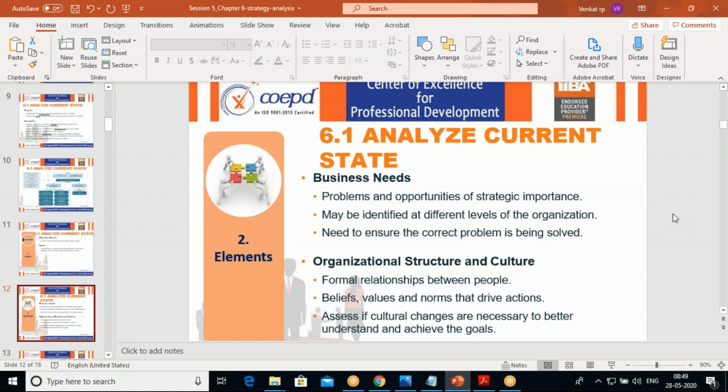I'll give you one example from one of my previous projects. We didn't realize what the business need was, but whatever the client told us we blindly followed and delivered. Later the client came back and said this is not what I want, I want so and so report.